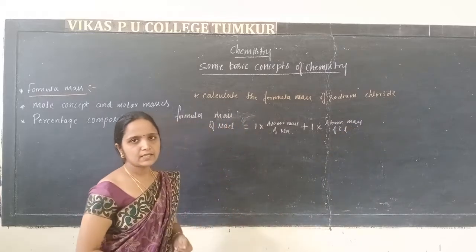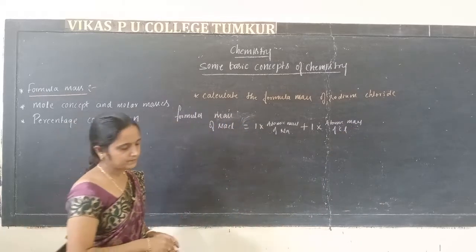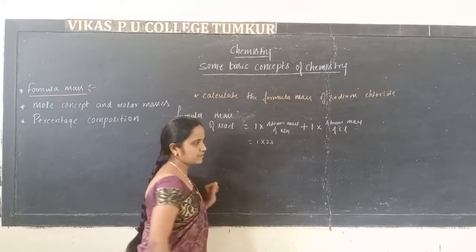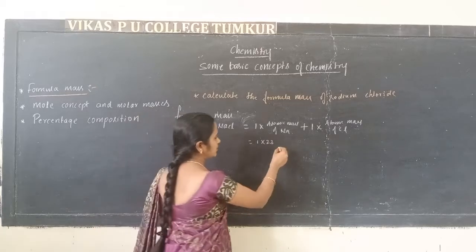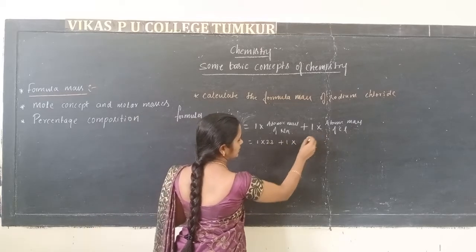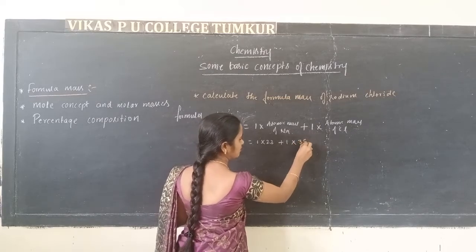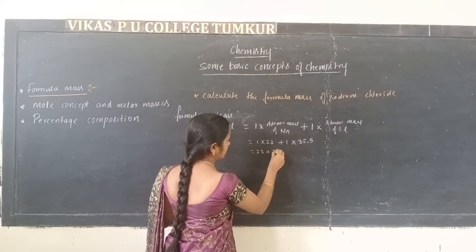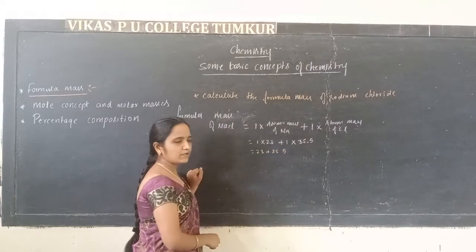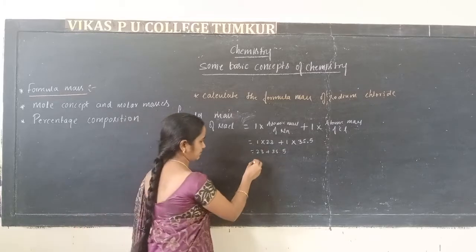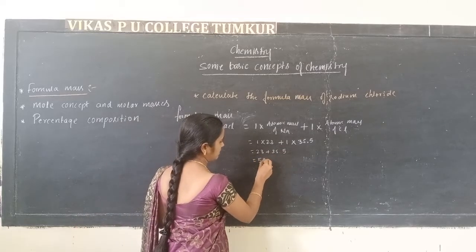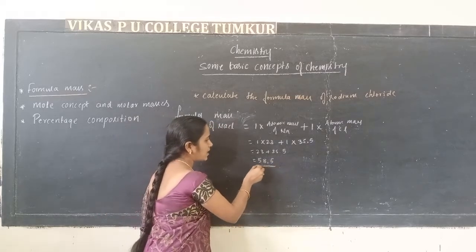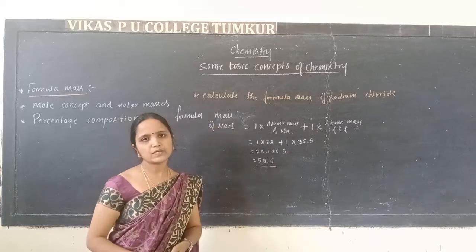The atomic mass of sodium is 23, and the atomic mass of chlorine is 35.5. Then 23 plus 35.5, we get 58.5. This is the formula mass of sodium chloride.